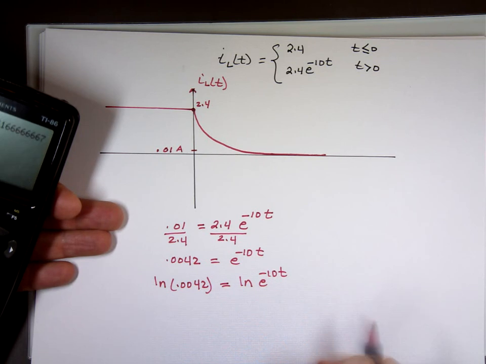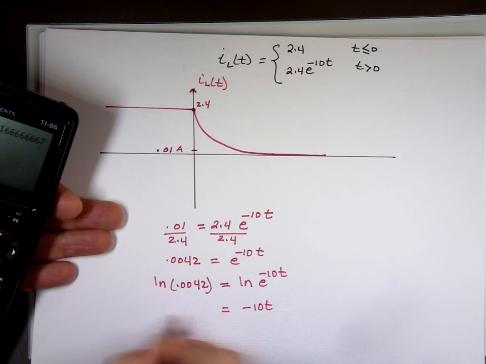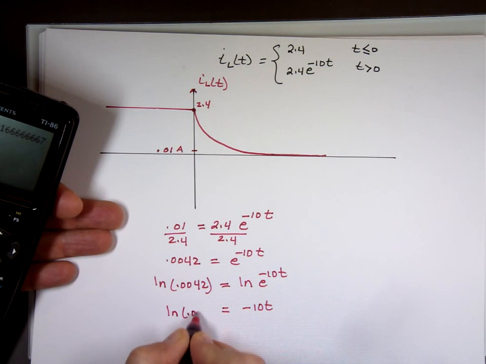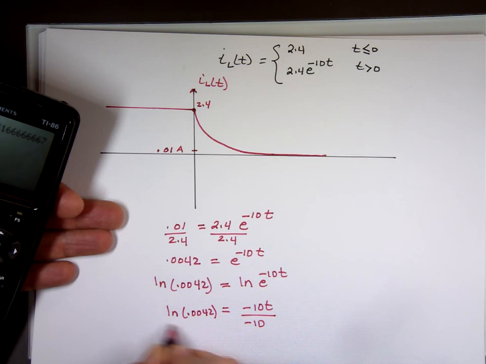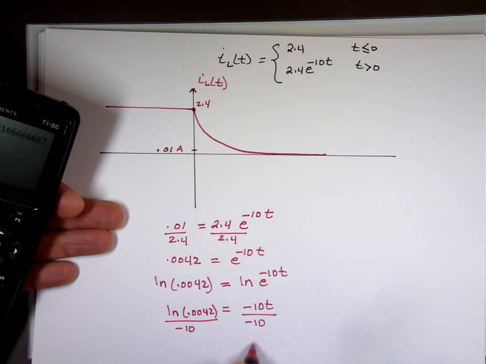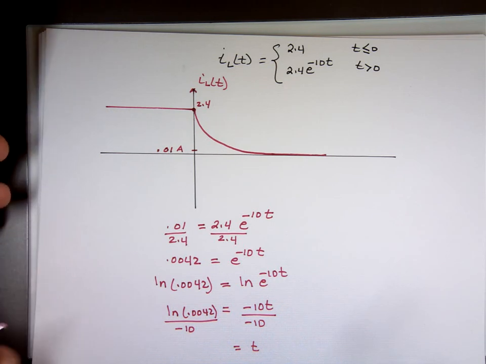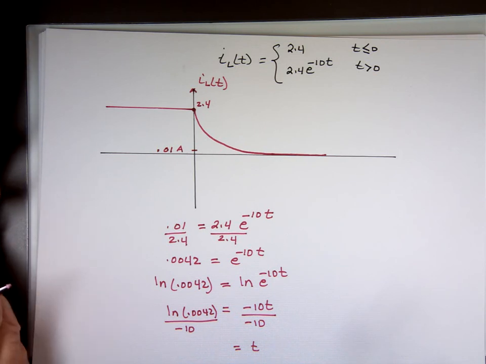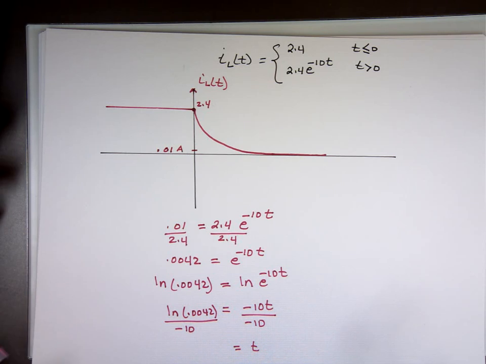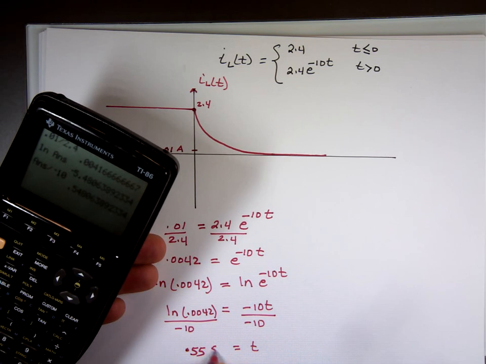The natural log of e to any power is just the power. To solve for t, you divide by negative 10. So take ln of that number, divided by negative 10. It's going to take 0.55 seconds.